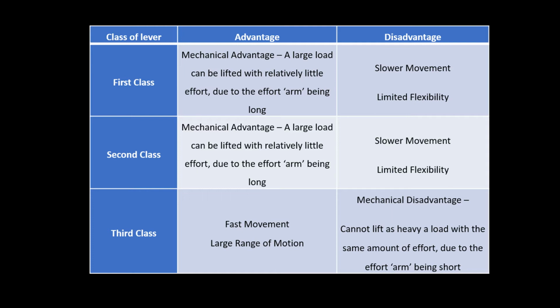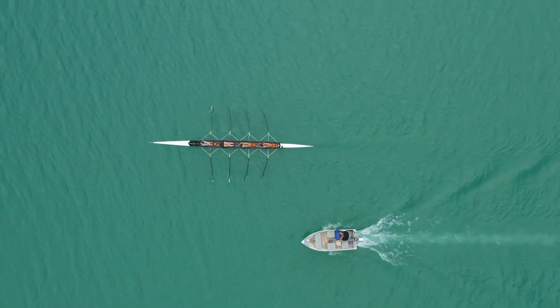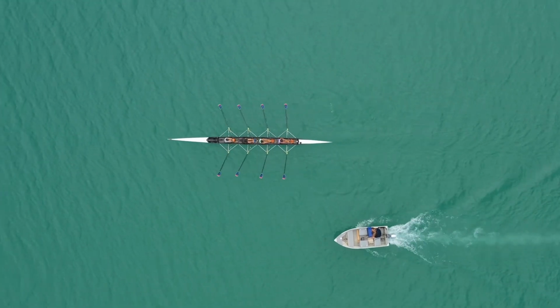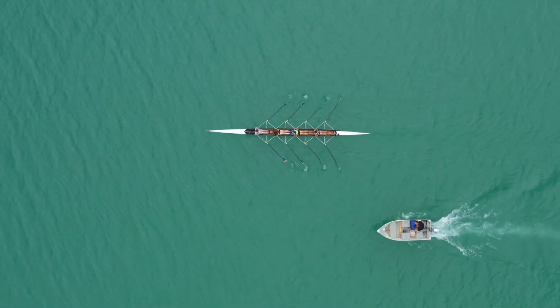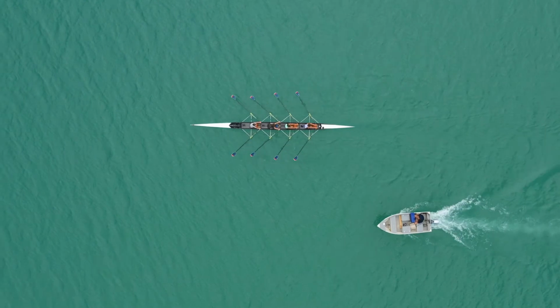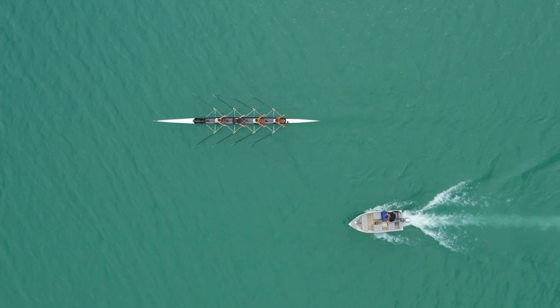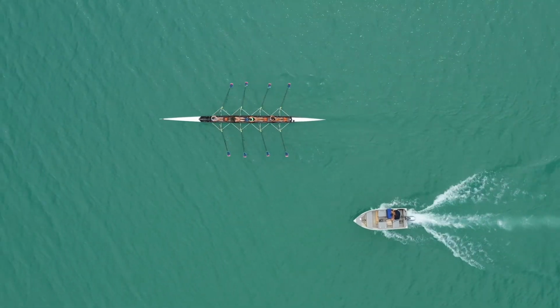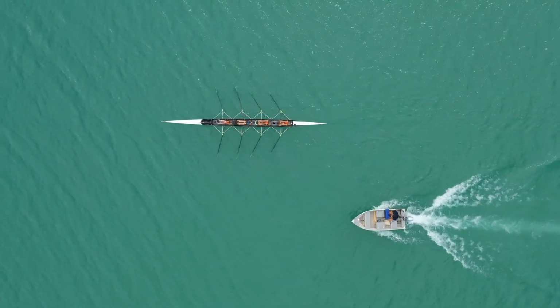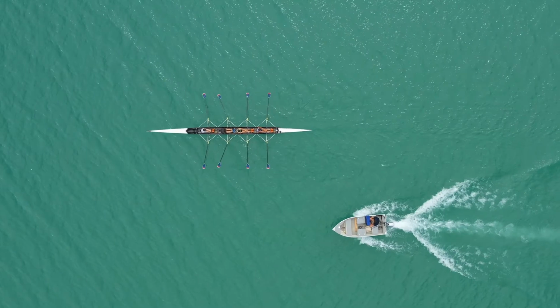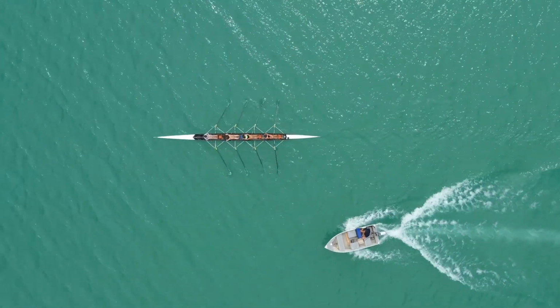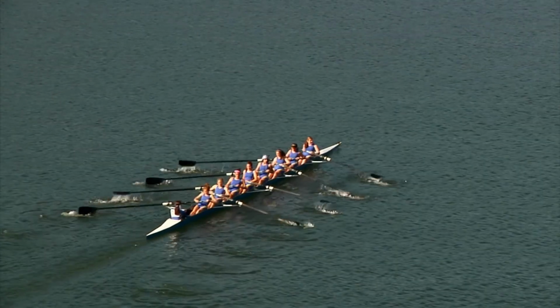So if you think back then, if we look at an example, the best example to give for this one is rowing a boat. The weight of the water is very, very large compared to the effort that you're able to give. However, rowers can still move the load of the water very easily, and move quite quickly through the water.